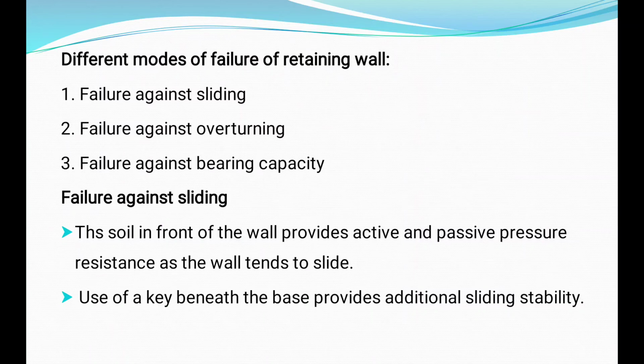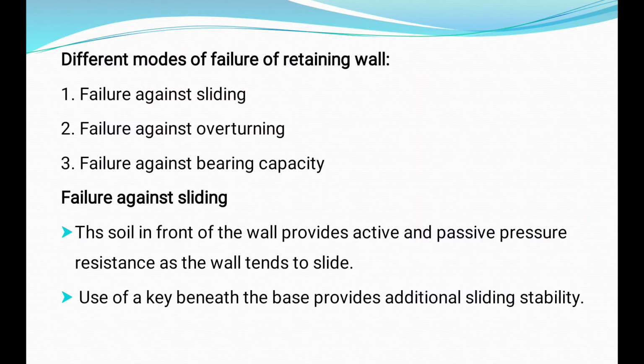Next one, different modes of failure of retaining wall. So there are three failures: failure against sliding, failure against overturning, failure against bearing capacity. First one, failure against sliding. In failure against sliding, the soil in front of the retaining wall provides pressure such as active and passive resistance.